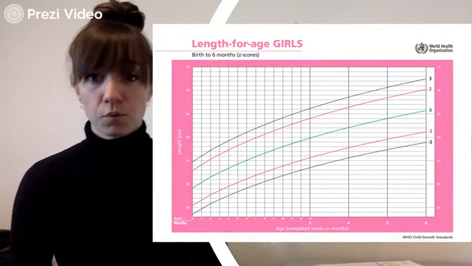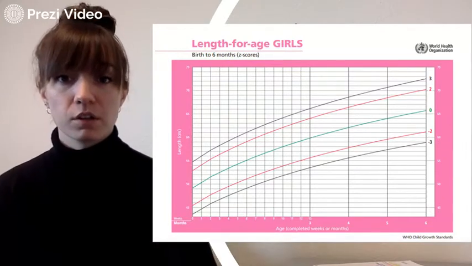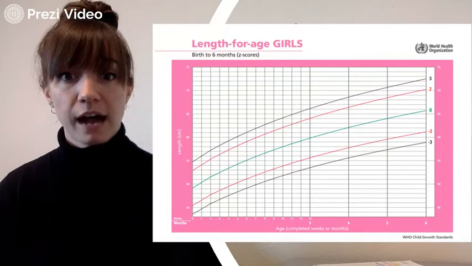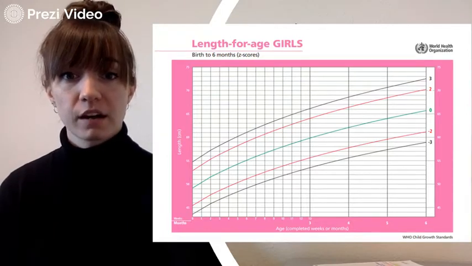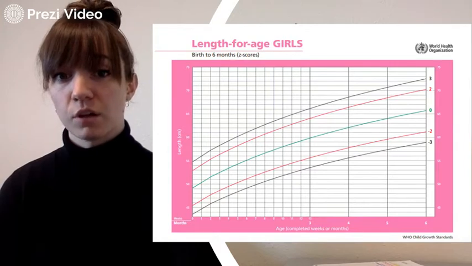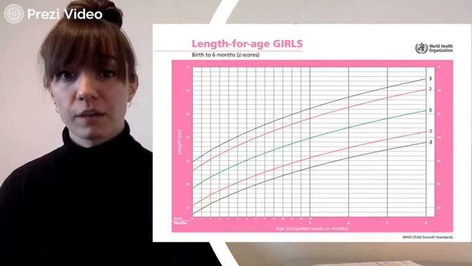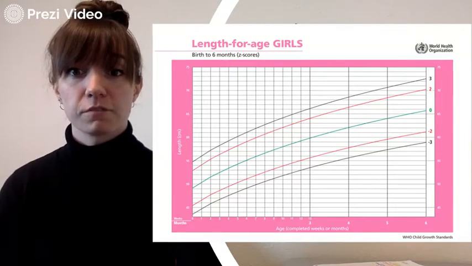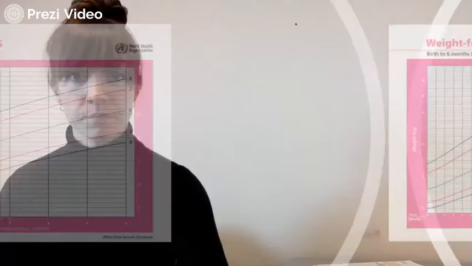So here's a graph I think is pretty helpful. This is the World Health Organization standard graph, and the green line is where kids should be, and the red line underneath it is 2 standard deviations below. So this is going to be the cutoff for all the malnutrition outcomes. This is length for age, so this is the cutoff for stunting.